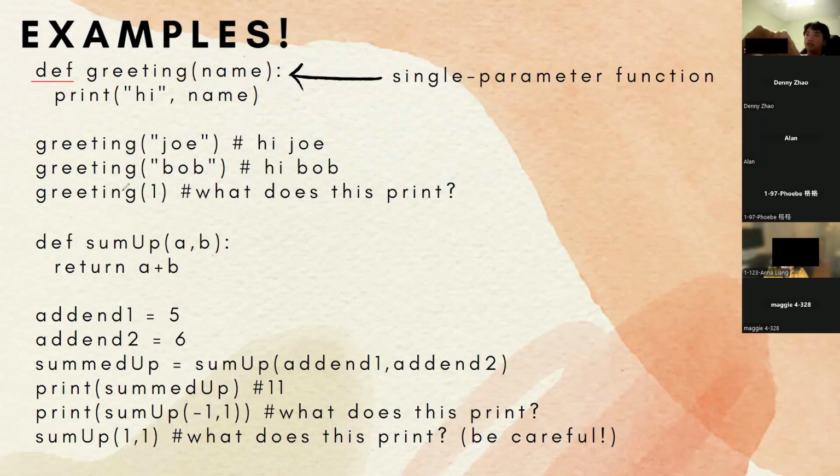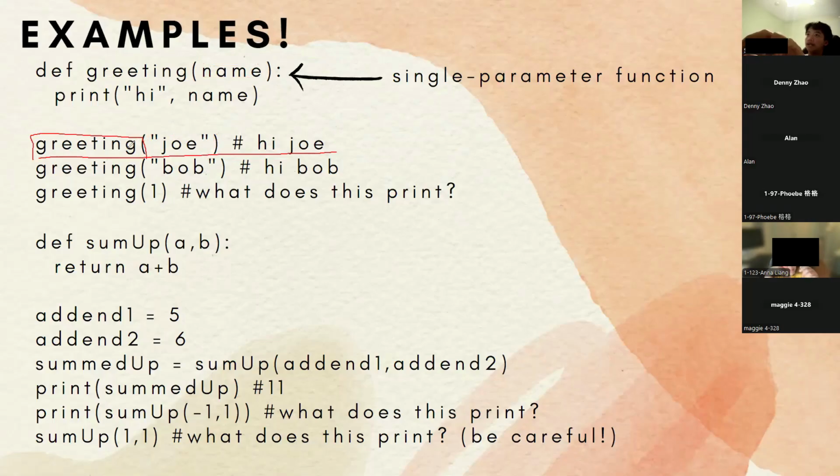For example, when I call it by the name, greeting, with parentheses, I give a value to name. In this case, I gave it the string Joe. So you can think of this name as equal to Joe.